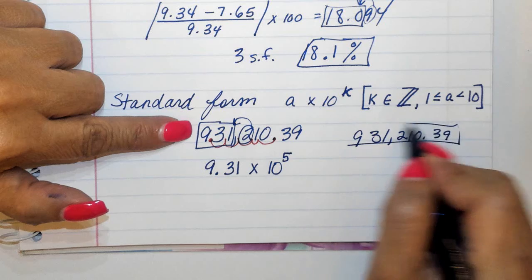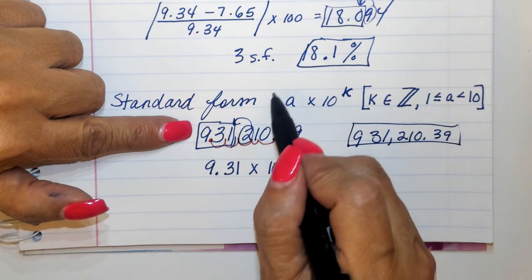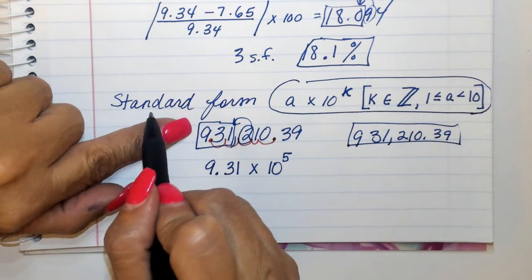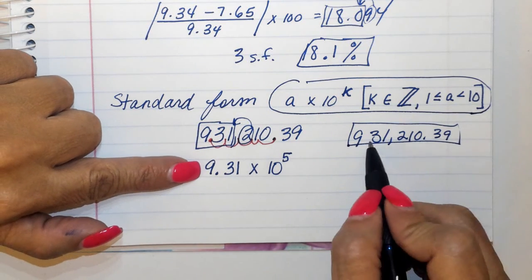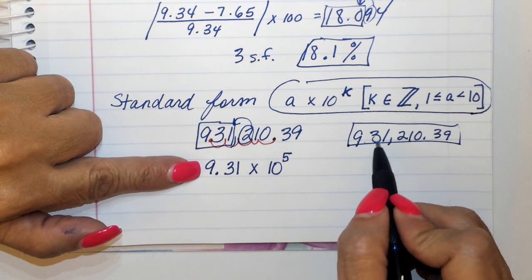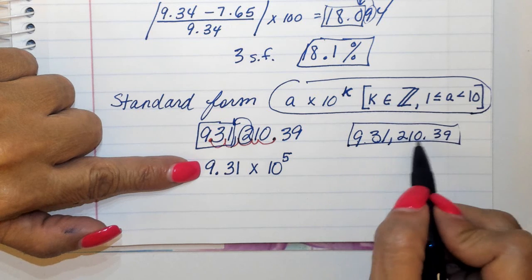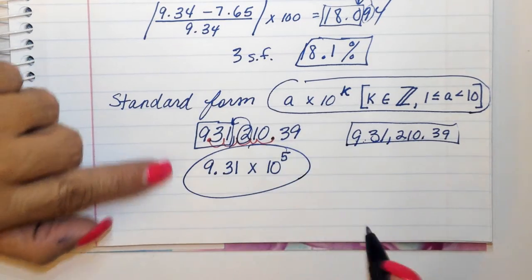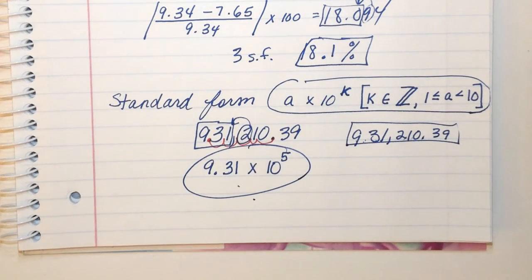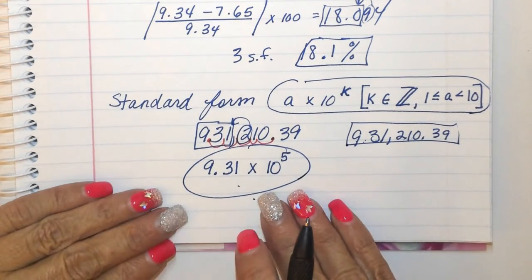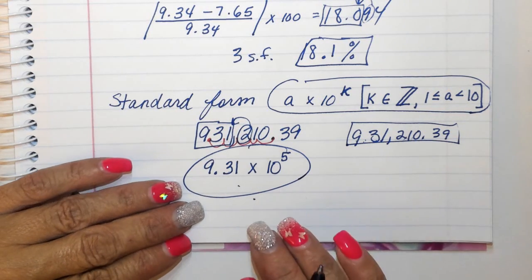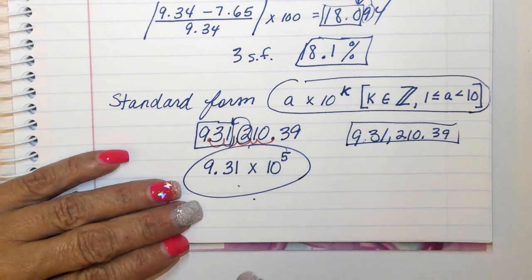This is what I got when I solved the problem. But the answer says to put it in scientific notation or standard form. So I say, okay, I need 3 sig figs, 9.31. Move my decimal over, 1, 2, 3, 4, 5. There's my final answer. That's the one that IB is going to want. It's the nice, neat answer. Mathematicians like this. It's just an easier way to look at your answer instead of all that gibberish right there.